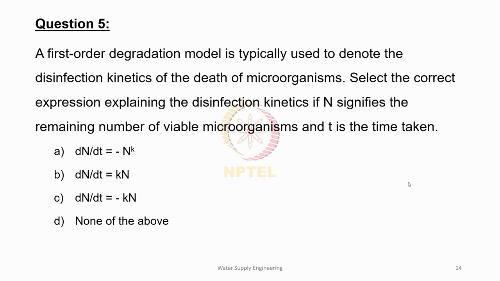A first order degradation model is typically used to denote the disinfection kinetics of the death of microorganisms. Select the correct expression explaining the disinfection kinetics if N signifies the remaining number of viable microorganisms and t is the time taken.